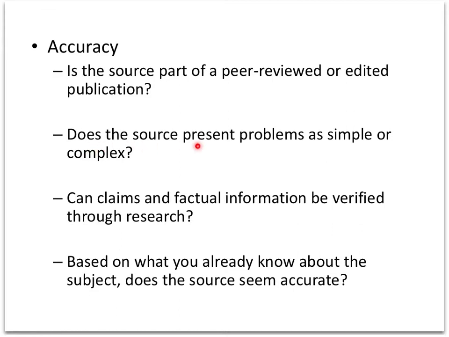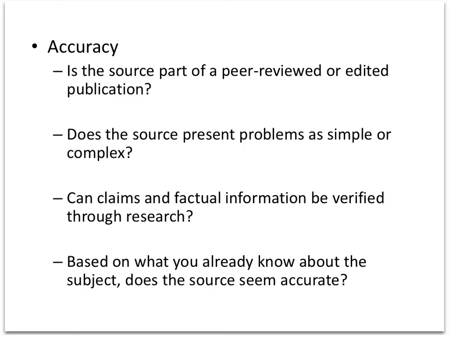So, does the source present problems as simple or complex? We take a problem like global warming, and many of the sources that we may find in relation to that subject may present the phenomenon as a simple problem. Well, they'll say it's entirely caused by pollution, or it's entirely caused by natural occurrences.